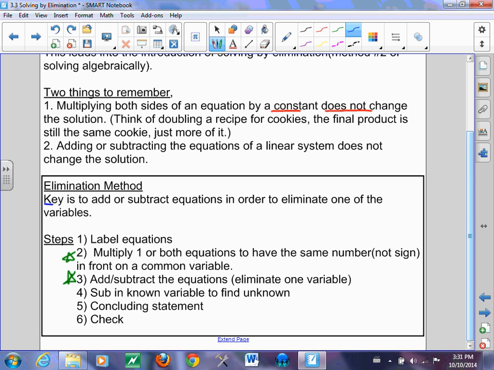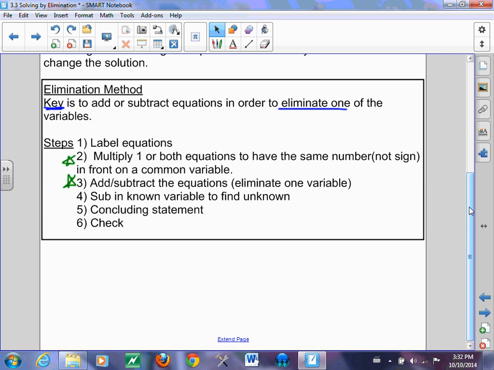The key for the elimination method is to add or subtract the equations in order to eliminate one of the variables. Last day we substituted to remove a variable. Today we're going to add or subtract to eliminate. Okay, so you'll notice you're going to label equations 1, 2. That's been the same all along.